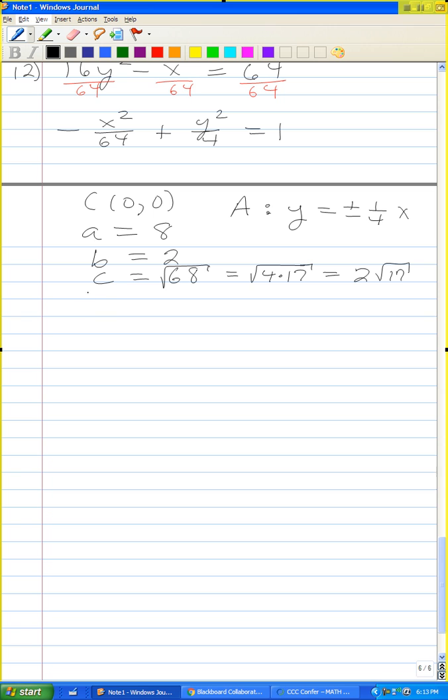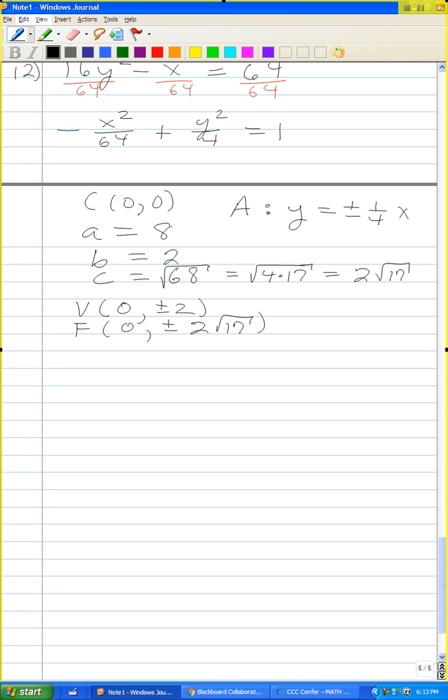The vertices are, well, let's see. The positive is in front of the y squared, so it'll be along the y-axis. So 0, plus or minus 2. The foci are going to be at 0, plus or minus 2 root 17.